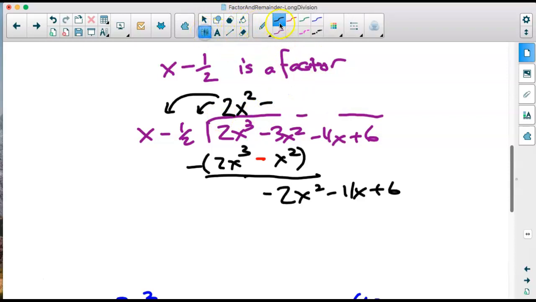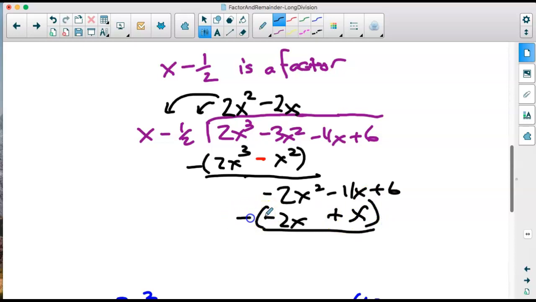Okay. Let's check that out. So now that's going to be minus 2x. Okay, so minus 2x. This times that is going to be positive x. So we're going to subtract that. It's going to go away.